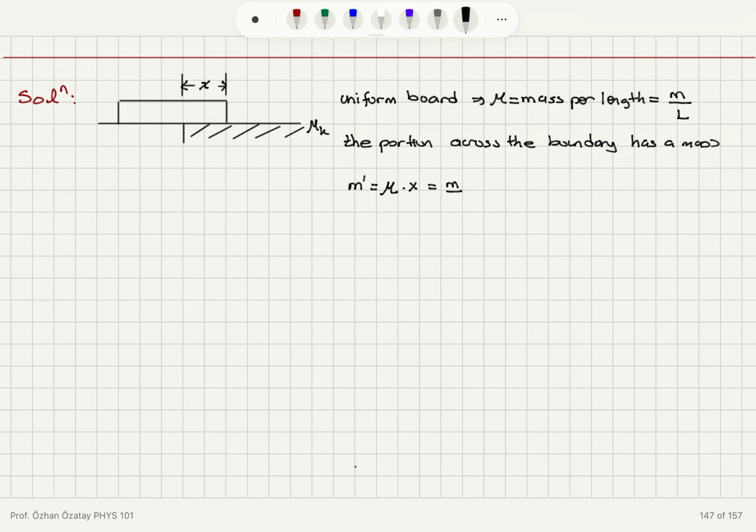So it is m over L times x. So that is the mass of this portion. This has mass m prime. Okay, now I want to draw the free body diagram for the portion across the boundary.